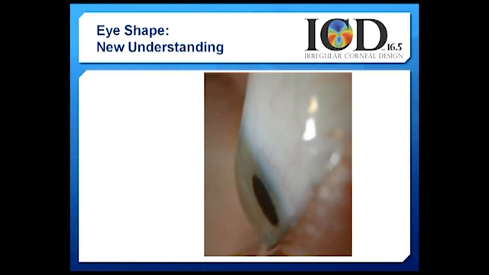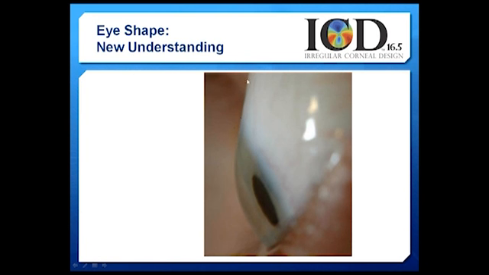One helpful thing to understand how we best align to the surface is to understand the shape out there. And in this image, it's really clear that the shape of the eye throughout the peripheral cornea, the limbus, and the sclera is not curved like it is in the cornea. When we look at the corneal area, we can see that this part of the eye anatomy definitely shows curve.